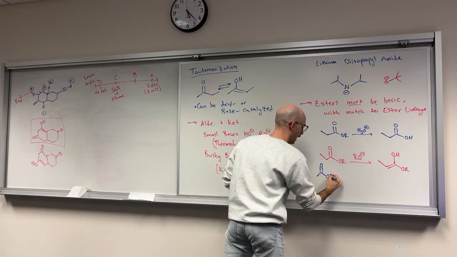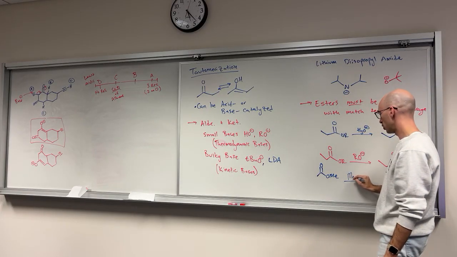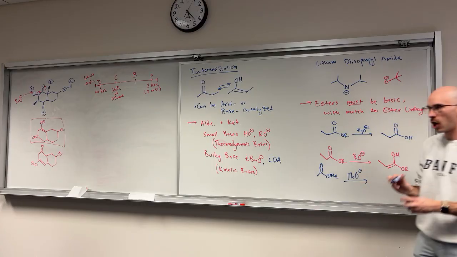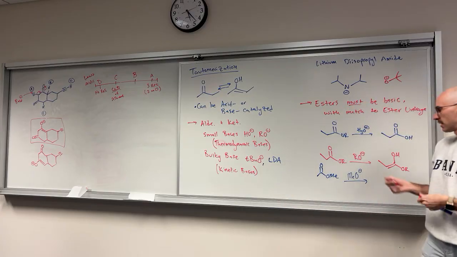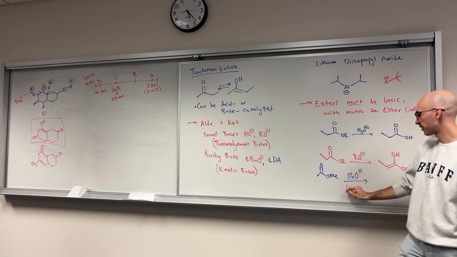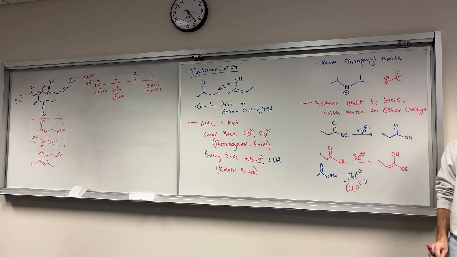So, for example, if you have OMe, a methyl ester, then you want to use MeO-, methoxide. What would happen if you had a methyl ester and you treated it with ethoxide?